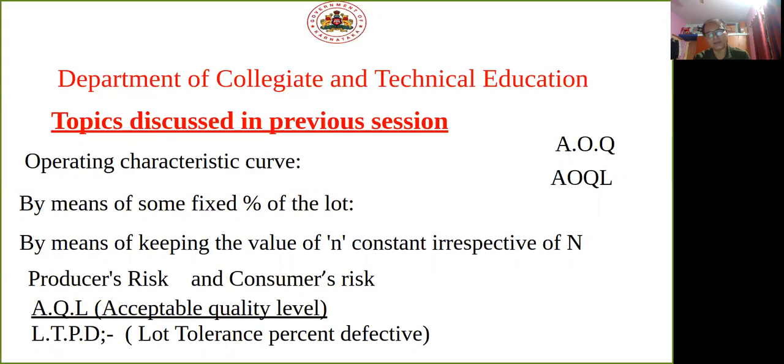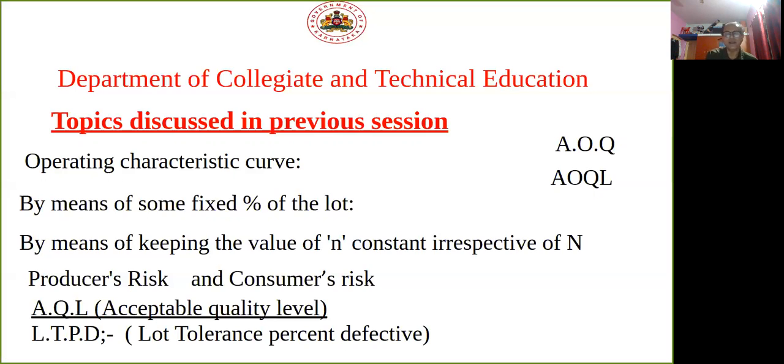For example, if there are 100 items in the lot, 10% of 100 is 10, so 10 is the sample size. If the second lot is 1000, 10% of 1000 is 100, so the sample size is 100.